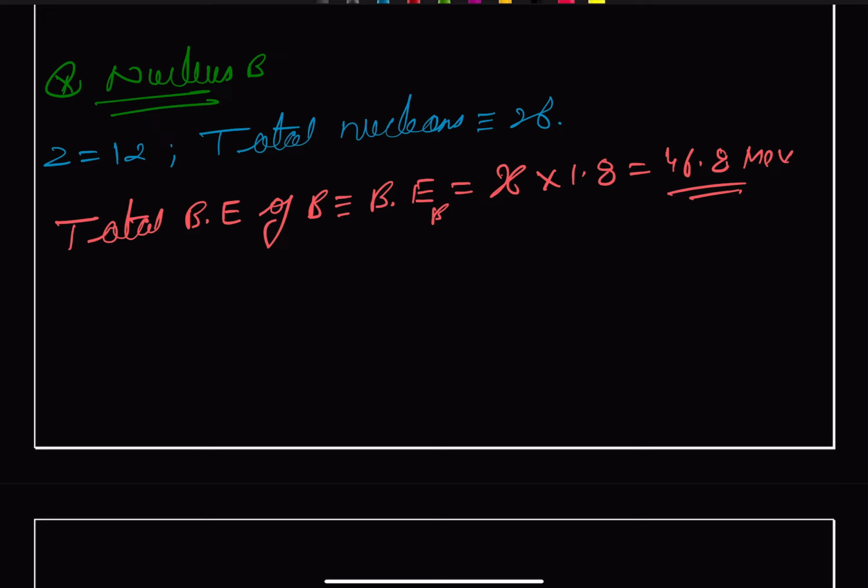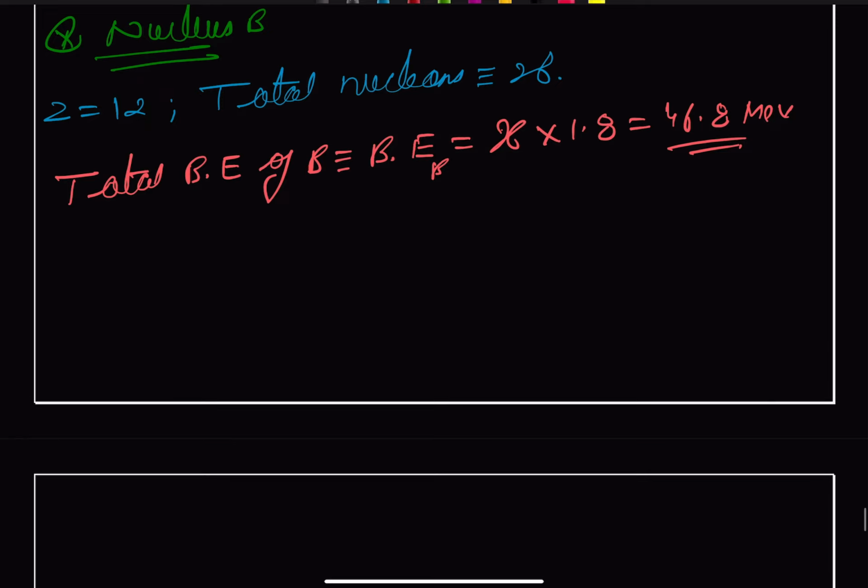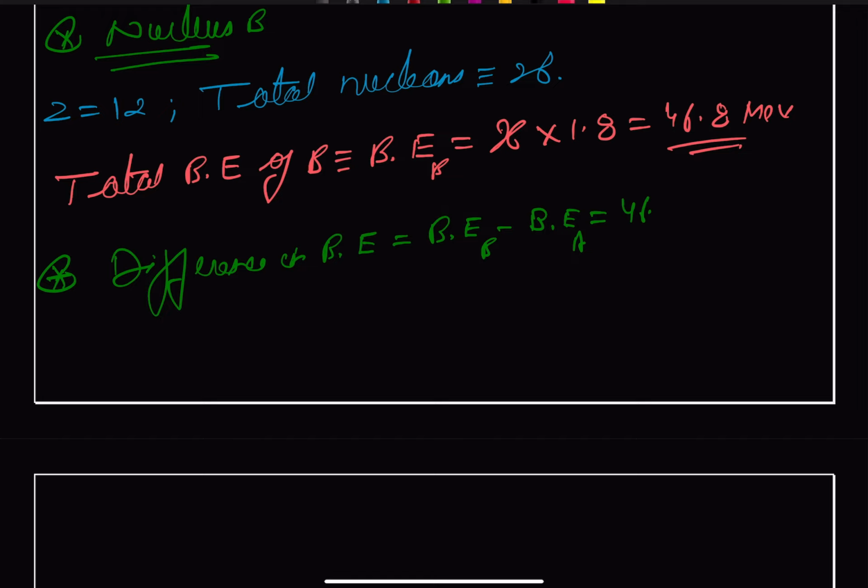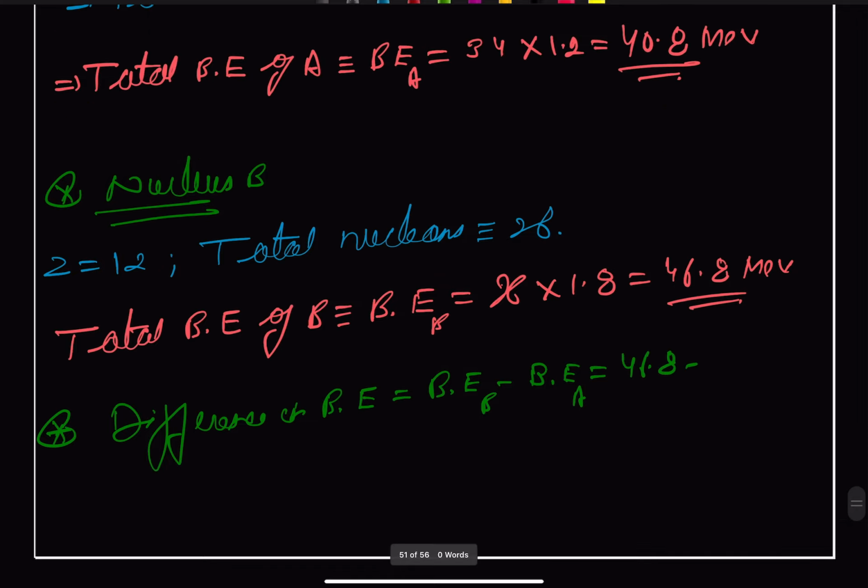And we have to find the difference in binding energy. So we can say that difference in binding energy will be equal to binding energy of B minus binding energy of A, which gives us 46.8 minus 40.8.